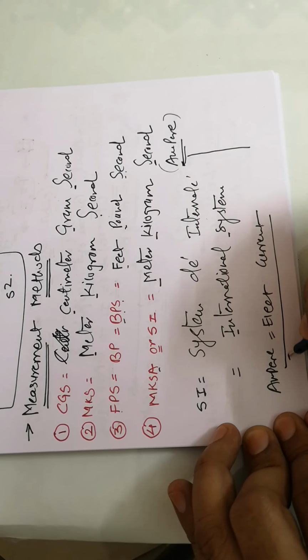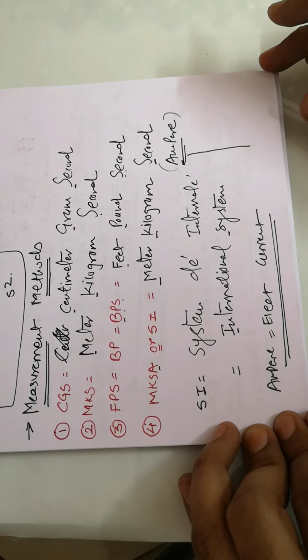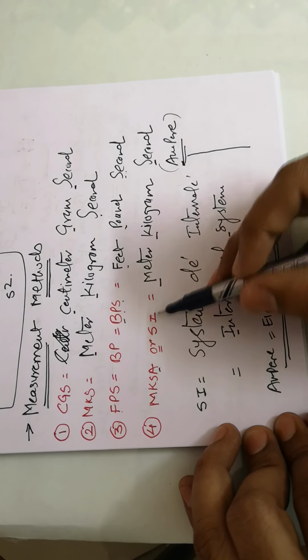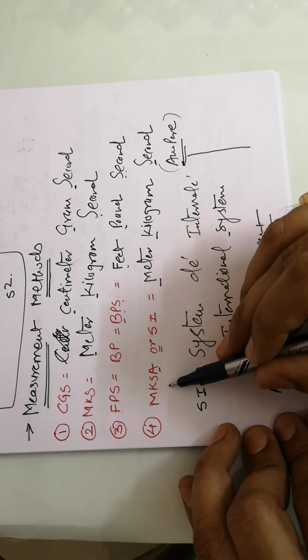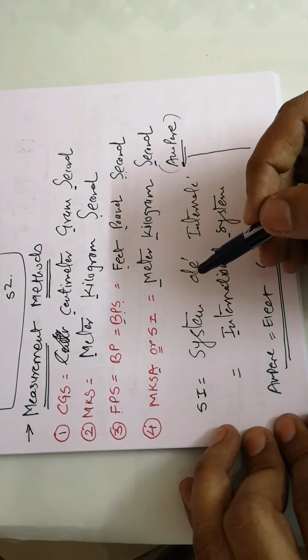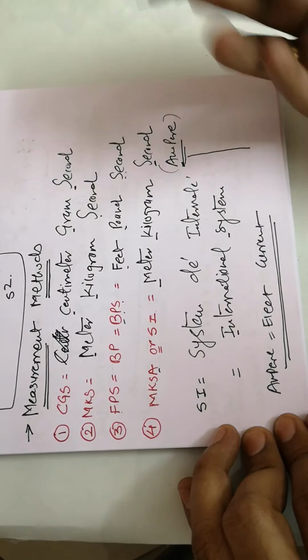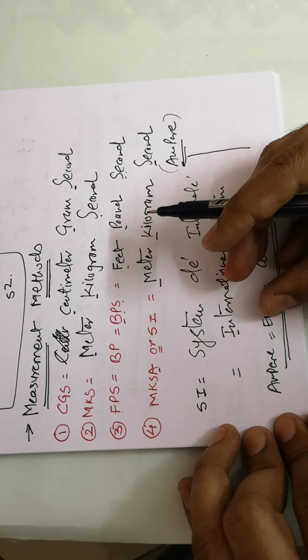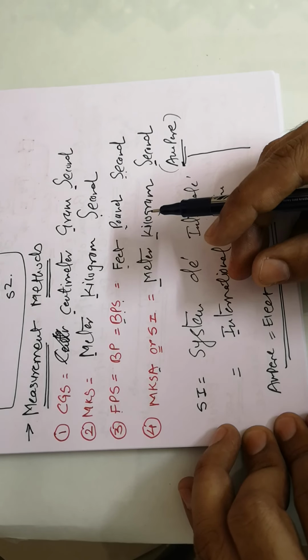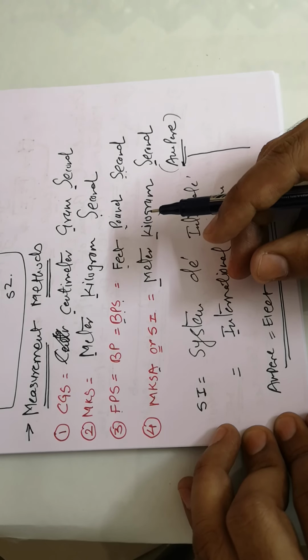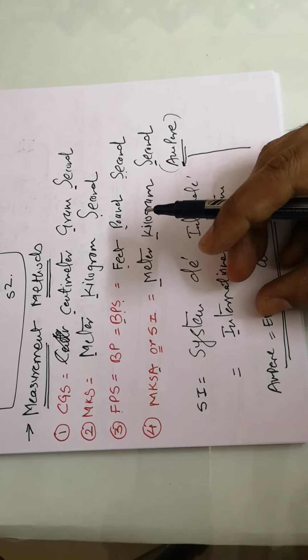Gradually we are moving to the next part, which will show how many other physical quantities are added in MKS or SI units. In the next clip we will go to the other different types of methods or physical quantities. Thank you.